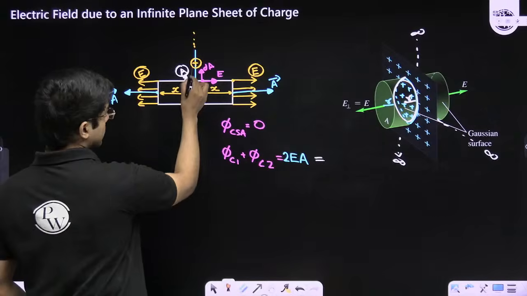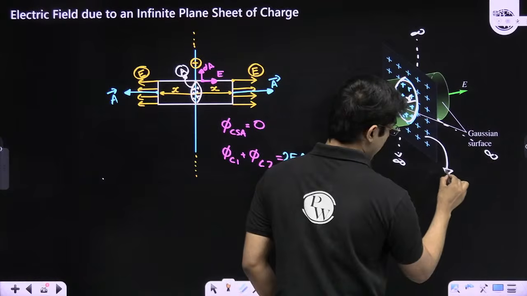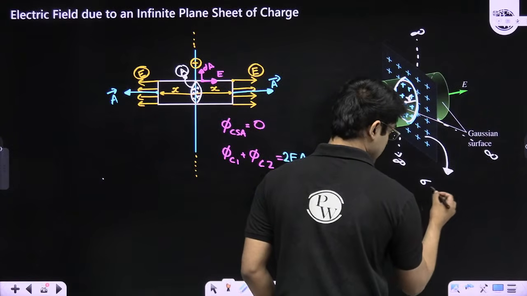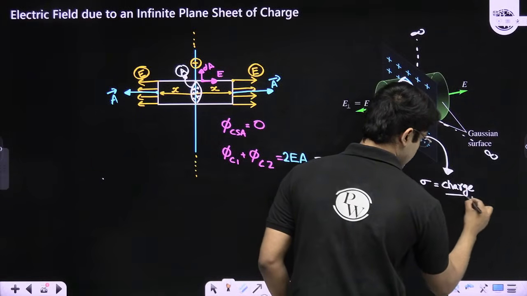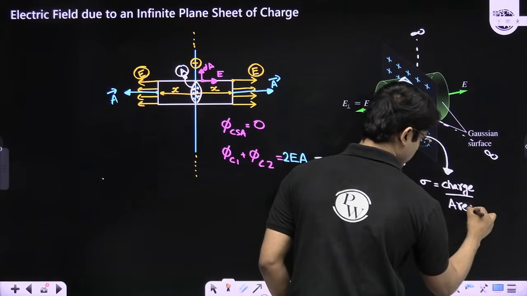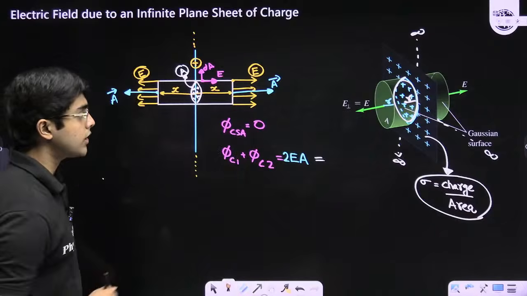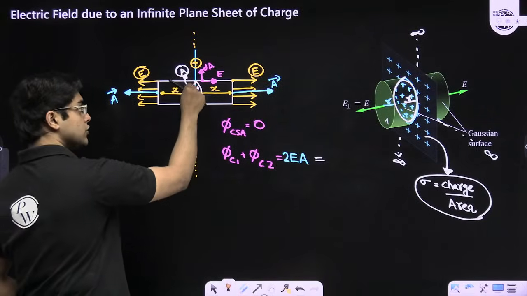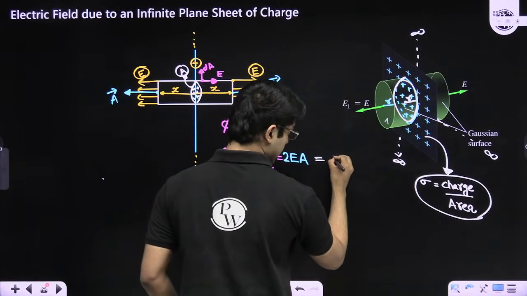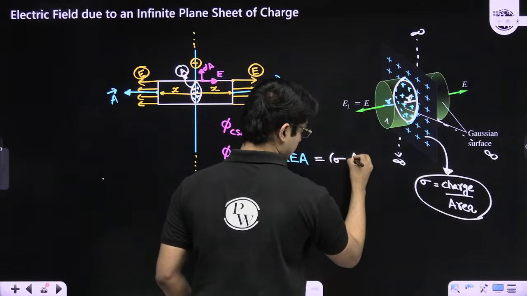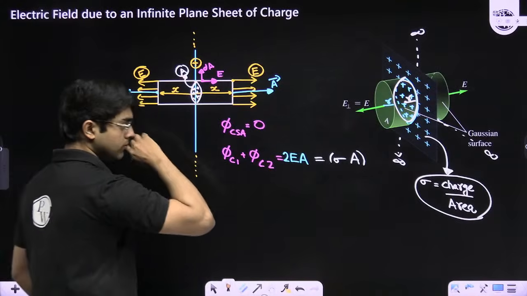So what is Q enclosed? For writing Q enclosed, the charge per unit area of the sheet, denoted by the symbol sigma, will be given. If I know the charge per unit area of the sheet, I can write the charge on this circle whose area is A. That will be sigma, the charge per unit area, into area A. This will be the charge on this circle in the middle.